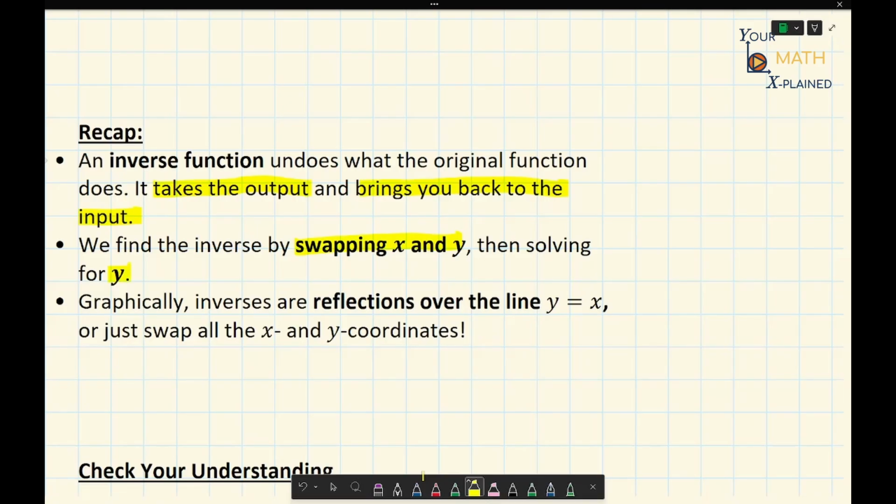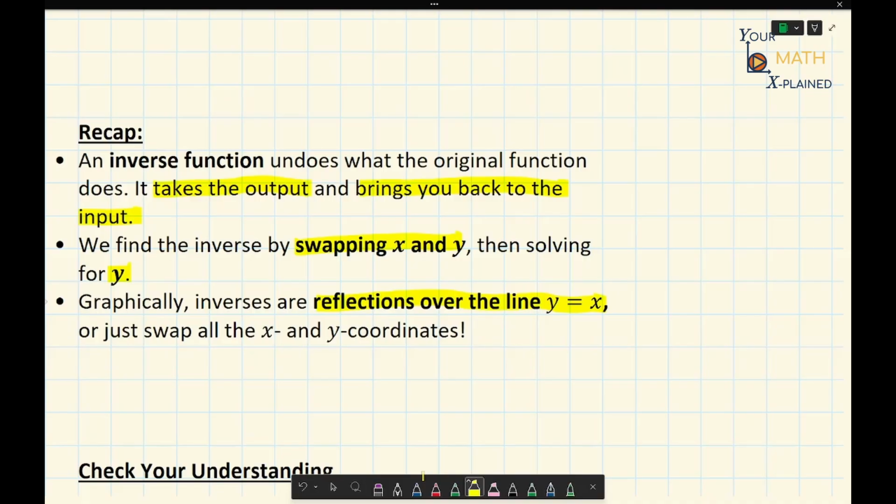And then remember that very important last step, which is to present your answer as f inverse of x. And then finally, when we're talking about graphing, inverses are reflections over the line y is equal to x. So if you're able to view what the function is going to look like once you do that reflection, then you can do it that way.